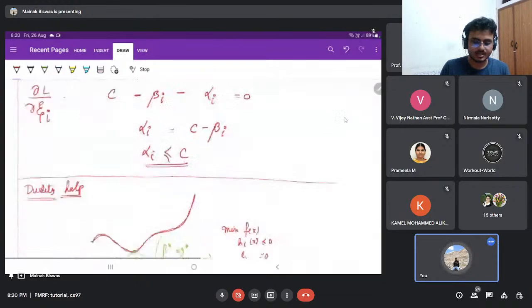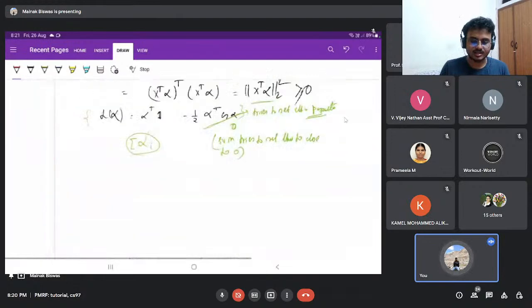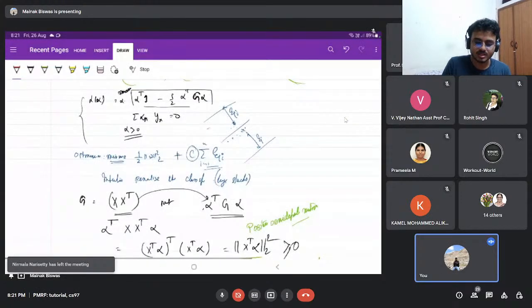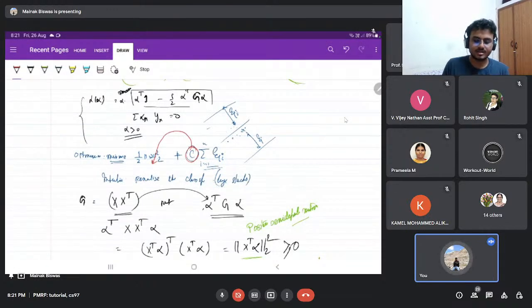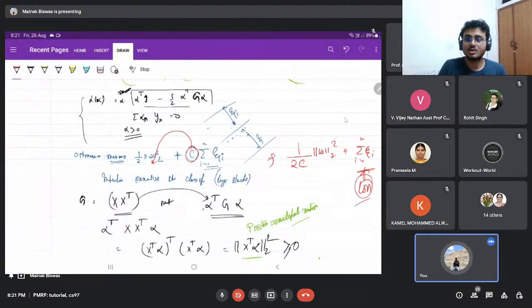Does this equation seem familiar to you? Andrew Ng has this interpretation of SVMs where he says that this C term, if you divide by C, what will happen is you have 1 by 2C plus the rest. This is sort of the loss, and this is sort of the regularization, that we did in linear regression.